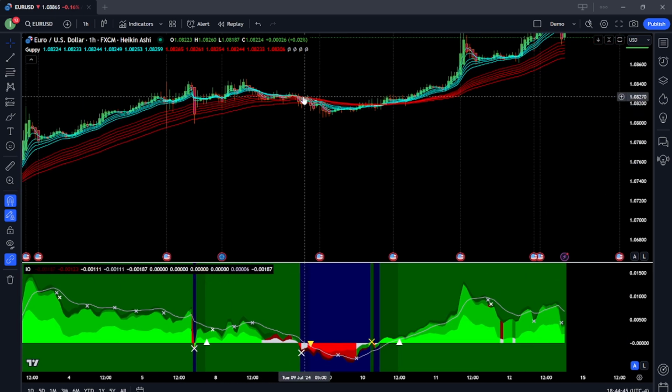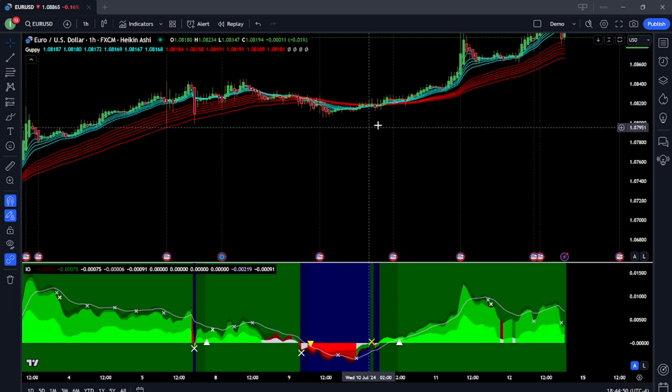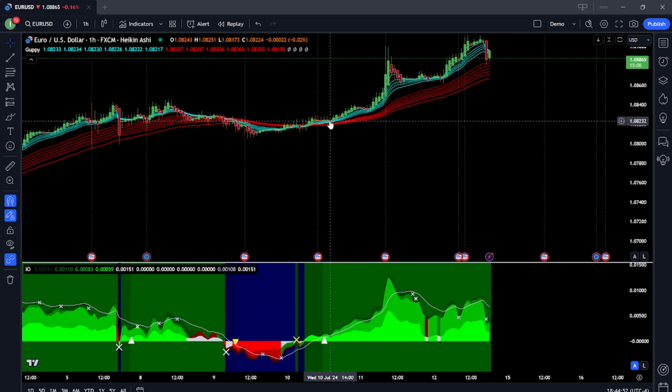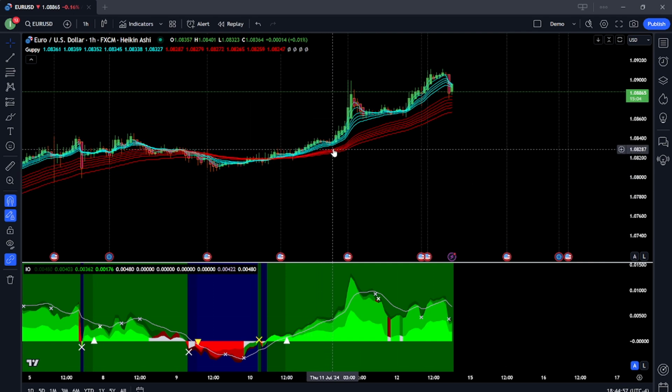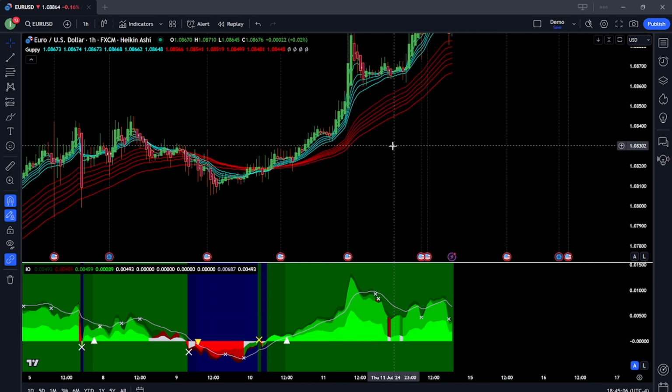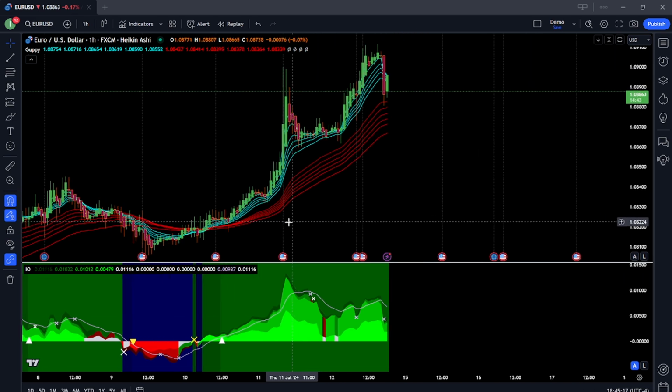Like if you come here, you see that red is a single line. You're not going to do anything here. And here you see the red group is clearly separated, the red lines are separated out from each other. If you expand a little bit, you can see them clearly, right? So now both retailers, the blue group, and the investor group, the long-term group, agreed on the same price.